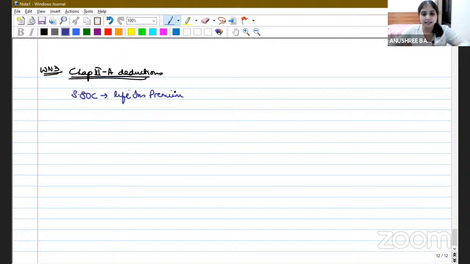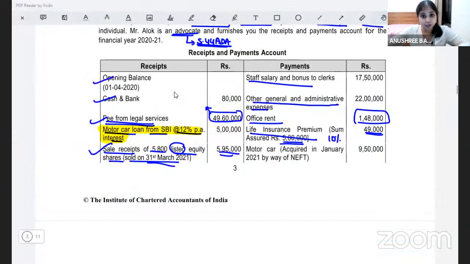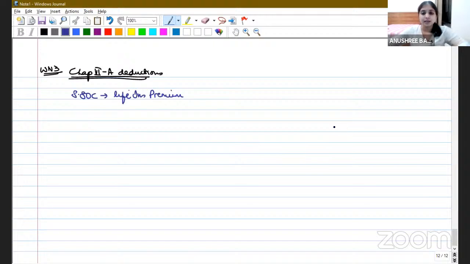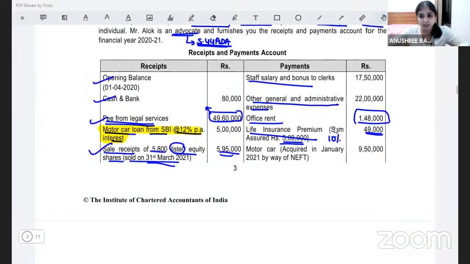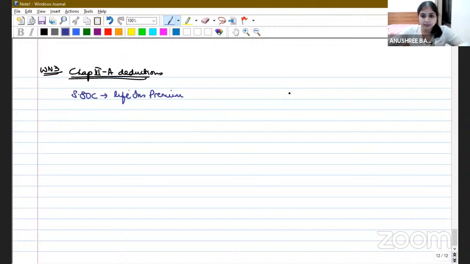How much has my assessee paid? He has paid 49,000. This 49,000 is well within the limit of 10% of sum assured. 10% of sum assured would be 50,000. Hence, this entire 49,000 will be eligible for section 80C.